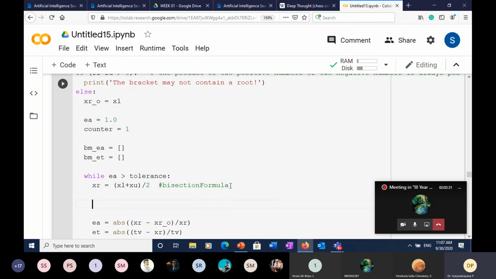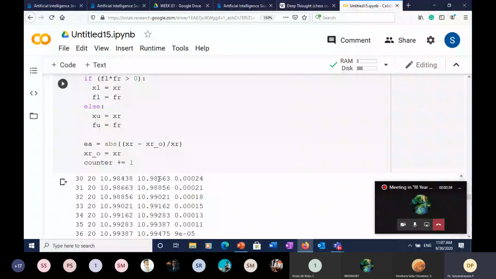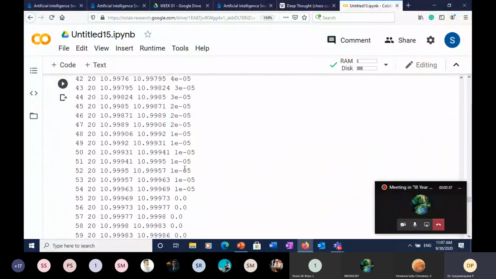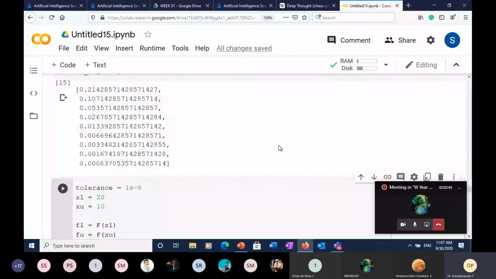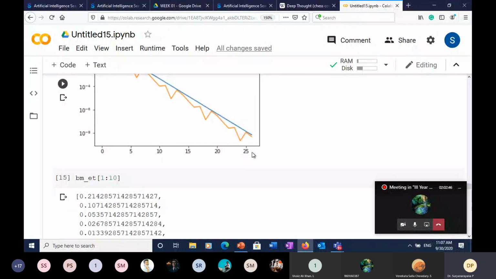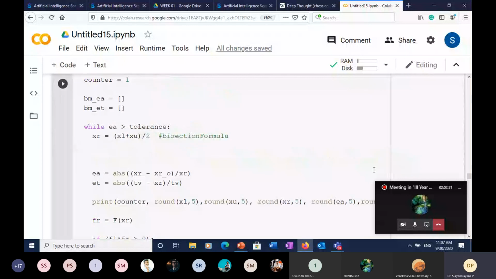Now I'll switch it with, I think in the last class also I did it, if I remember right, I'll switch this with this formula. This is the false position formula. Everything else is the same. Only thing I'll change is I'll comment that out, and we'll replace that formula with this false position formula.